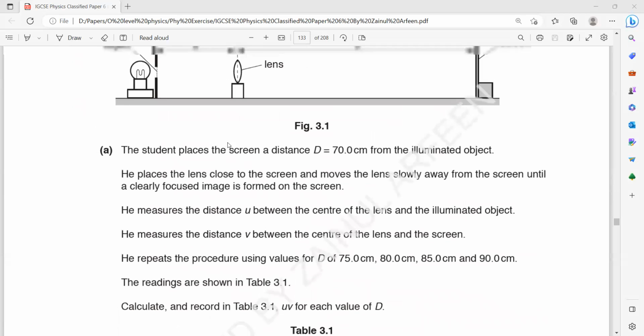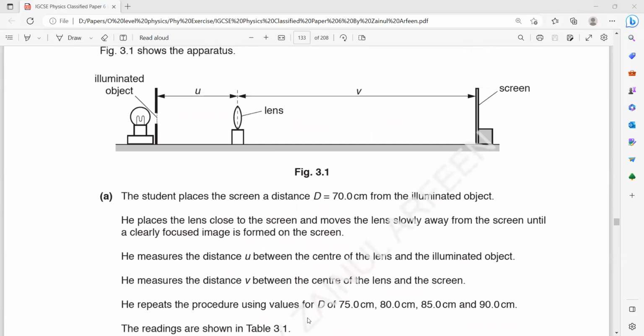So a student places a screen, as you can see, 70 centimeter from the illuminated object. So this total distance from the illuminated object to the screen equals 70. He places the lens close to the screen and moves the lens slowly away from the screen until he observes a clearly focused image on the screen.